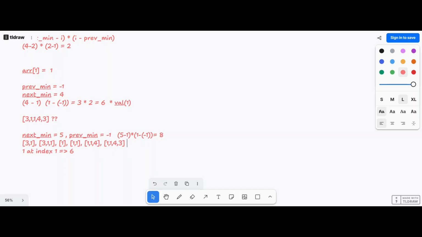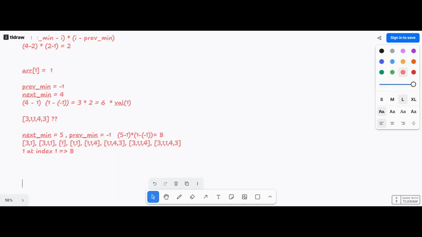This is only 6. Why did we make it 8? Because I have considered the second one also. 3 3 1 1, it could be 3 1 1 4 and 3 1 1 4 3. Okay, 8 are completed. So I got this as 8.